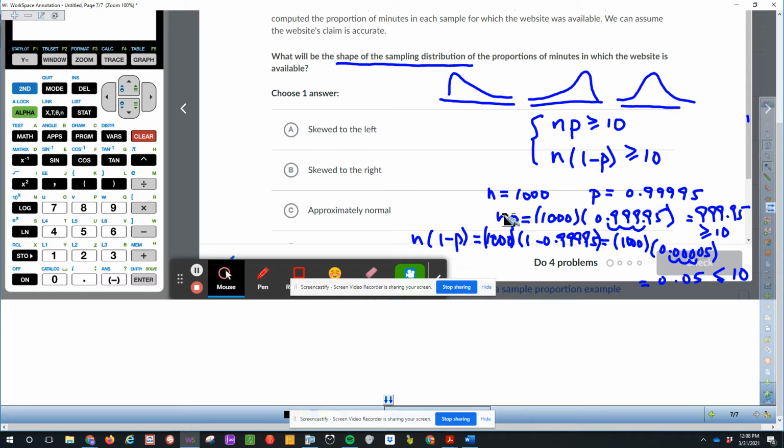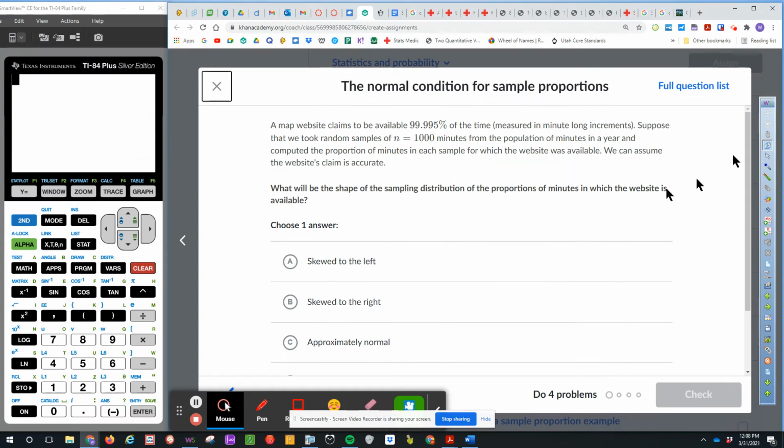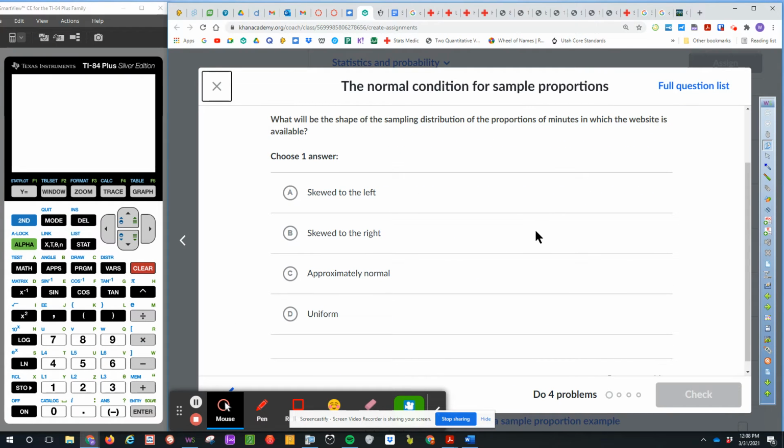You can view n times p as the success, and n times 1 minus p as the failure. It did not meet the proportion of minutes, and it's 0.05. So it's less to the left, more to the right. So here it will be skewed to the right, right? Skewed to the, oh no, skewed to the left.